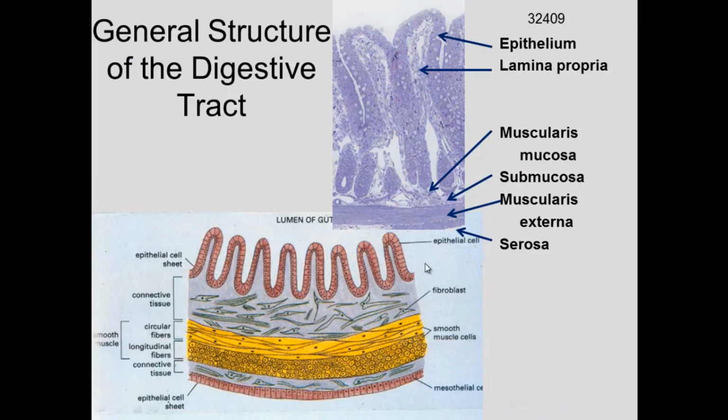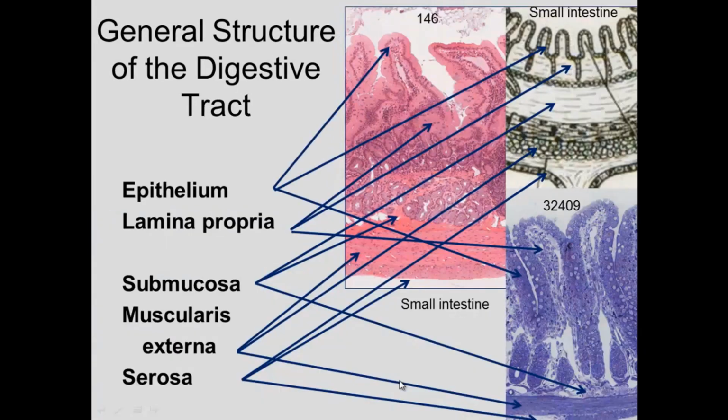So we can see the mucosa is muscularis mucosa, lamina propria, and the epithelium. Below that is the submucosa and the muscularis externa with the serosa on the very end. And the serosa is composed of mesothelium as opposed to epithelium. Mesothelium is a type of epithelium that comes from the mesoderm.